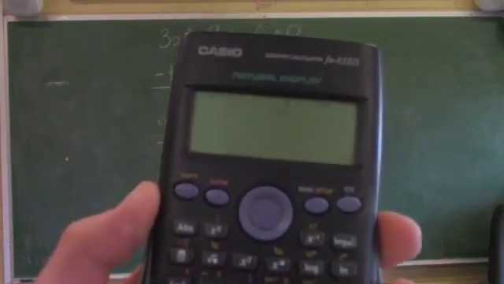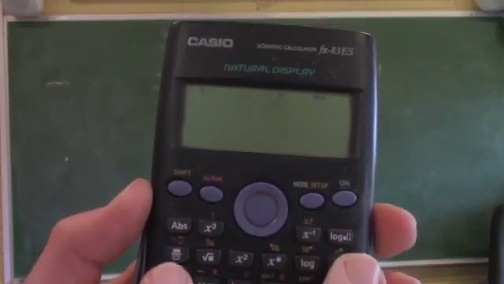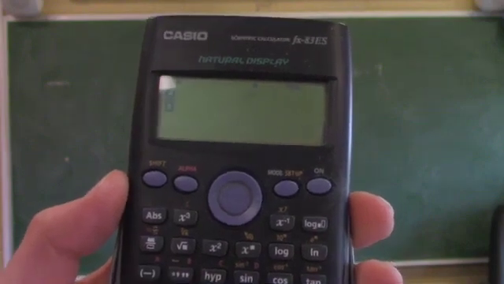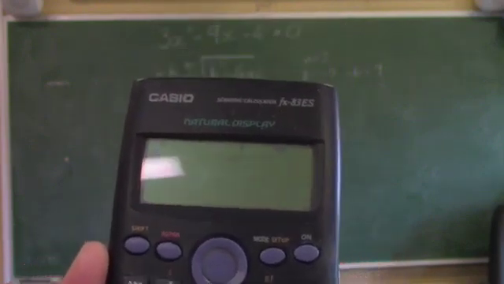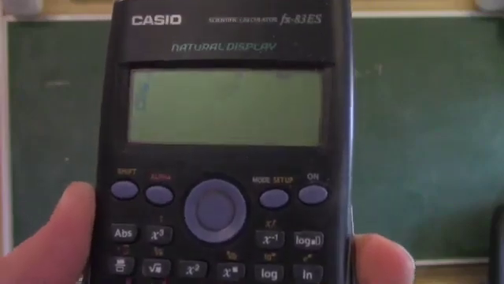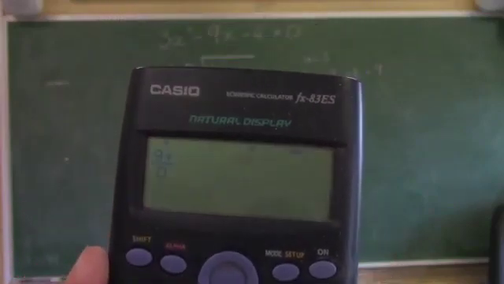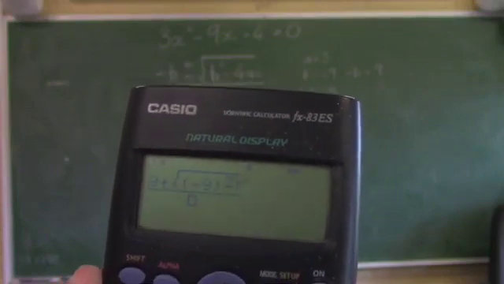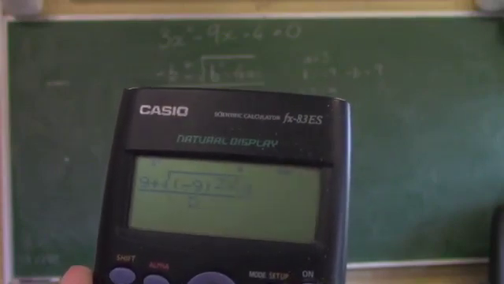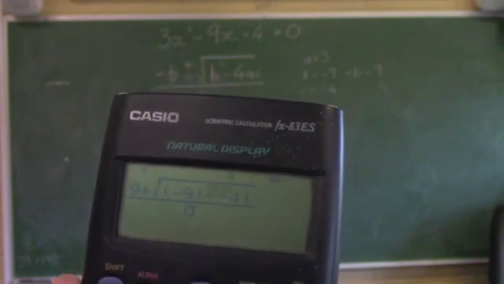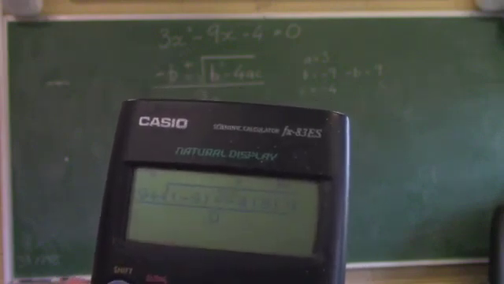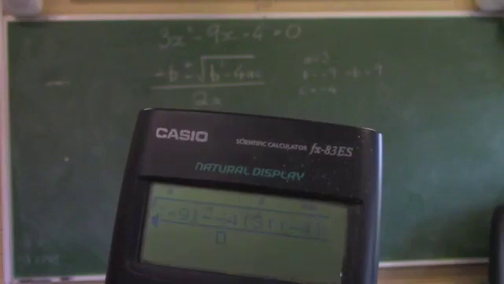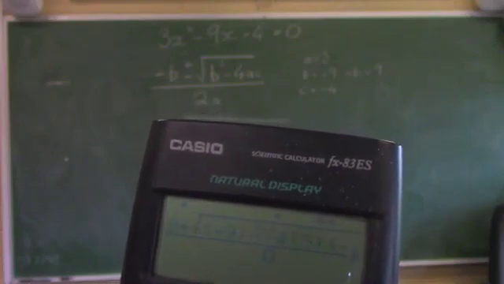Right, so the first button that I'm going to press is this button here, the fraction button. Okay, and it comes up. So on the top I have 9 plus the square root of brackets minus 9 squared minus 4 brackets 3 brackets minus 4, arrow to bring it down to the bottom.